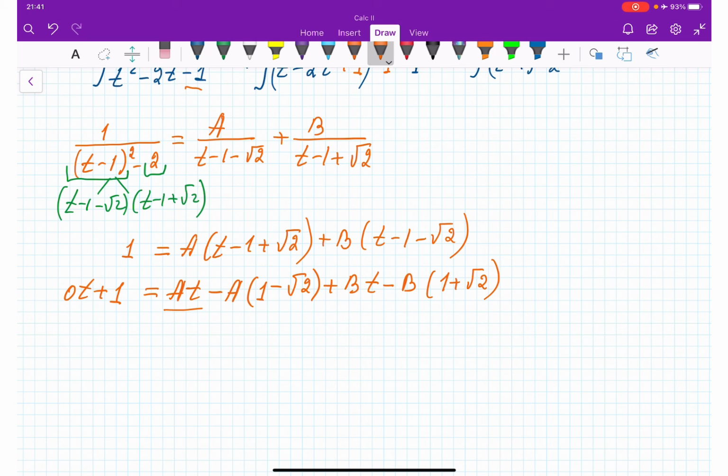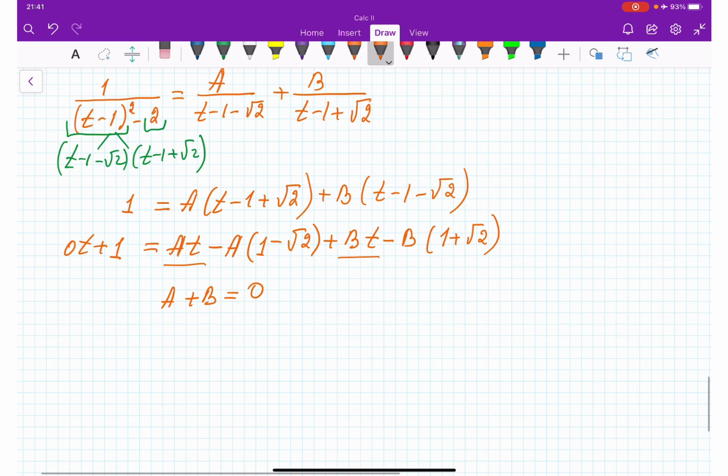So this is at with t, this is bt. The coefficient I have on the left side is 0, which means I will have a plus b is equal to 0. On the other side, negative a times 1 minus square root 2, negative b times 1 plus square root 2, those are available terms, which is going to be equal to the left side.